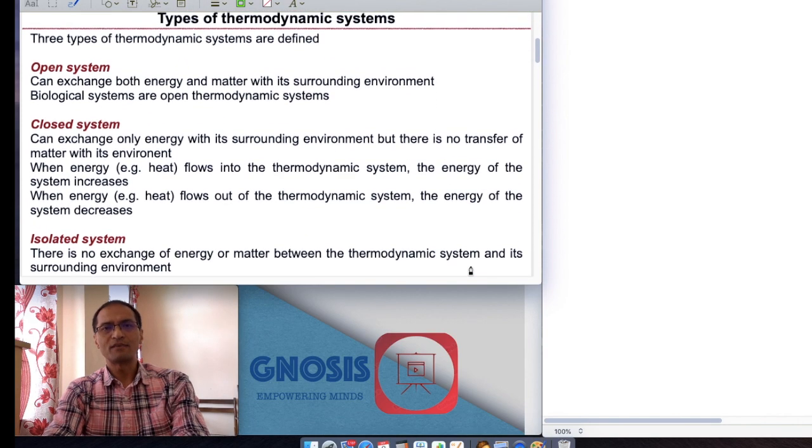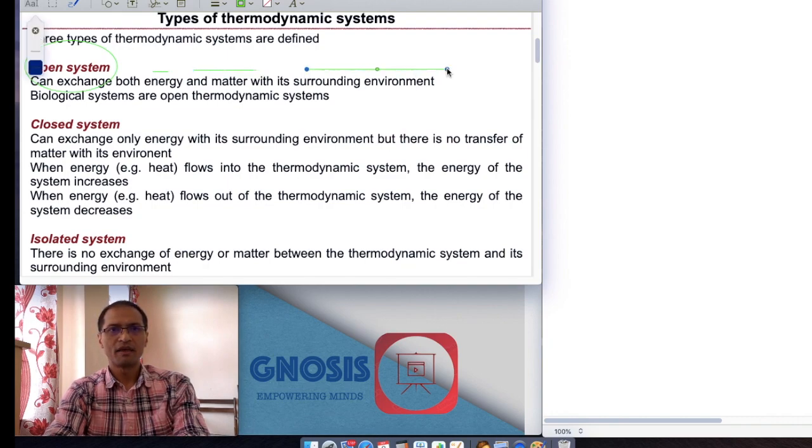When we try to define these systems, the open system is where you can have exchange of both energy and matter between the system and its surrounding environment. And as I said earlier, biological systems are open thermodynamic systems. When you have a closed system, there is no exchange of matter, just the exchange of energy between the thermodynamic system and the surrounding environment.